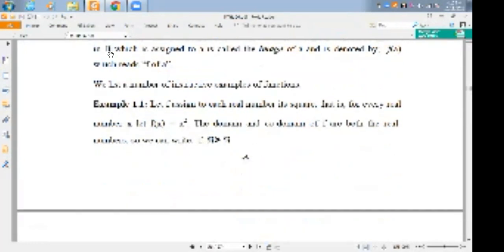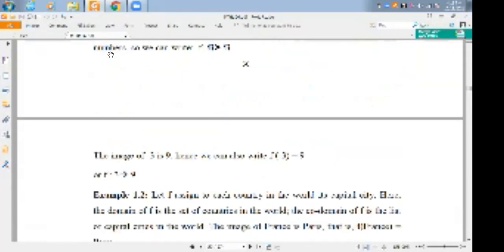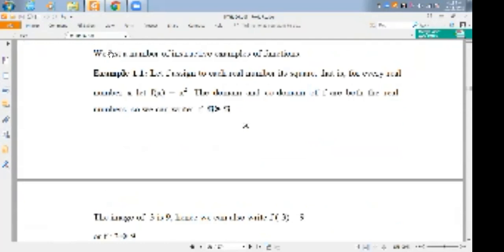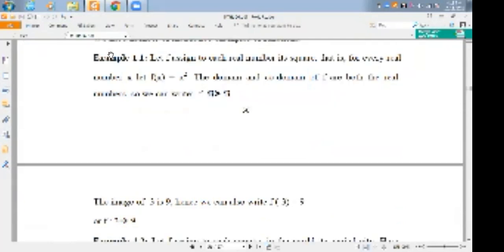So function strictly has to do with numbers. You are talking about a set A made up of numbers, and a set B made up of numbers. When a unique number from set B is assigned to a unique number in set A, it is called a function. And each of those elements is called an image.